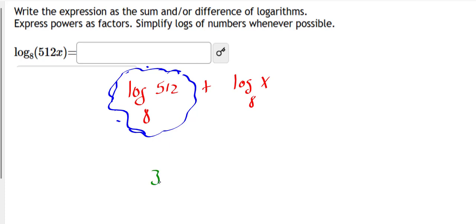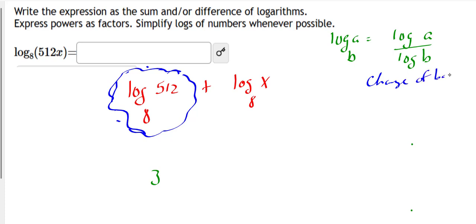Now, how are we going to do that? Well, log base b of a is the log of a over the log of b. We can take it and make it a common log, and we call this the change of base formula.